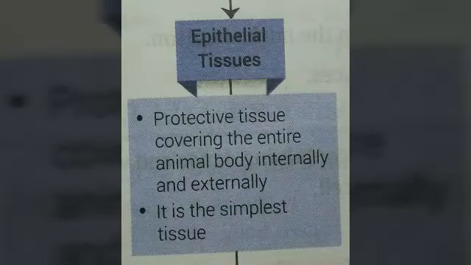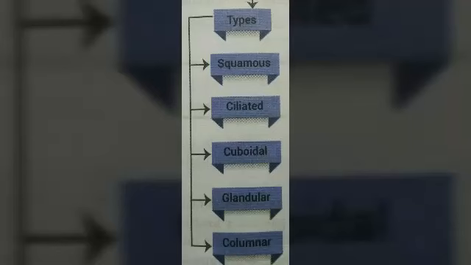It makes the skin, covers the skin, and it is also a part of the kidney, liver and other parts. The types of epithelial tissue are squamous, ciliated, cuboidal, glandular and columnar. These are the different types of epithelium tissue.